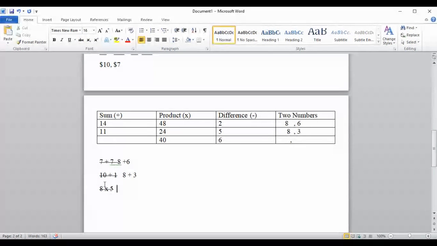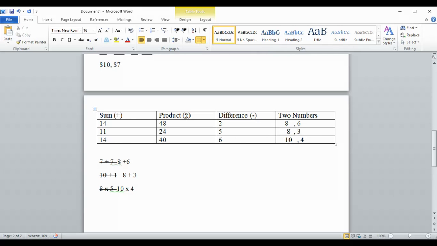Since I think this number needs to be bigger, and I want two numbers that are going to be multiplied together to be 40, I'm going to say 10 times 4. 10 times 4 is 40. I know that. What is 10 minus 4? It's 6. And then what is 10 plus 4 to go in the sum column? Well, it's 14. And so my numbers over here are 10 and 4.